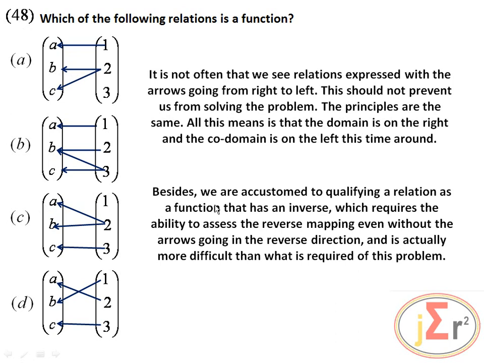But when we are assessing a mapping to be a function with an inverse or not, we will have to consider the reverse mapping without the arrows going in the reverse direction, which is much more difficult than what we are doing right here, because we are going in the same direction of all of the arrows. There is no difficulty with that.